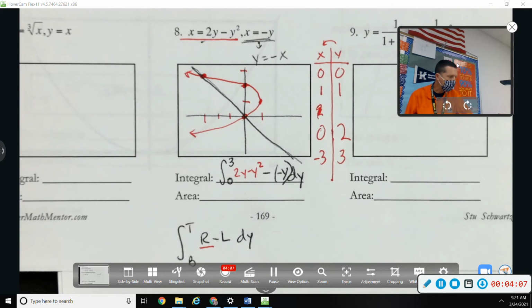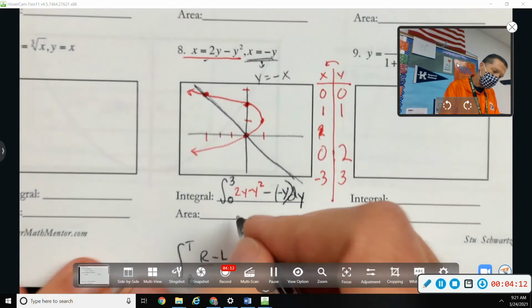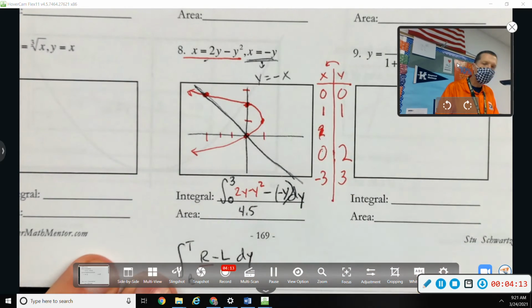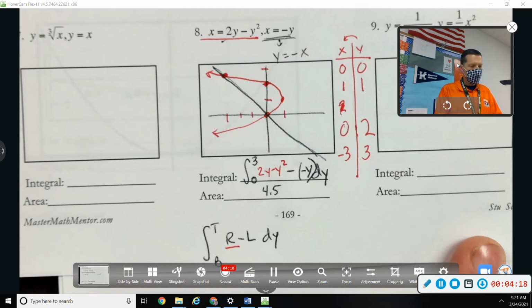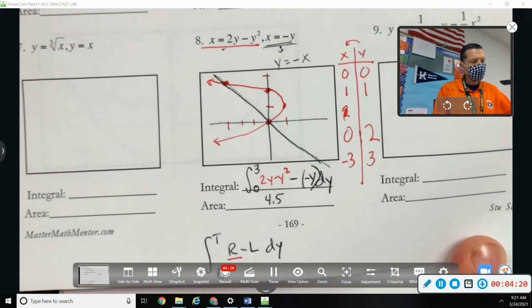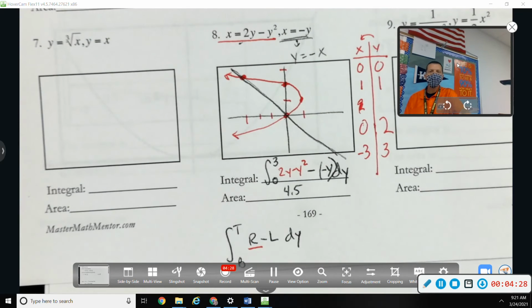After that, it's a calculator problem, and you get 4.5. So yeah, that's kind of an ugly one because of the dy. We don't really like the dy. Those are harder, I guess, because we're just not used to them.